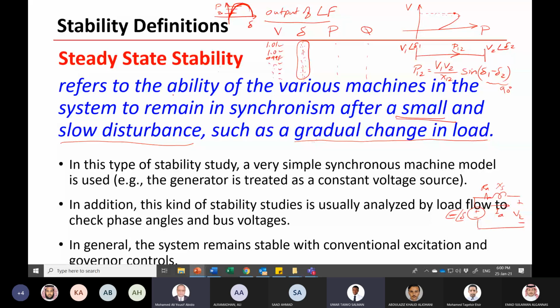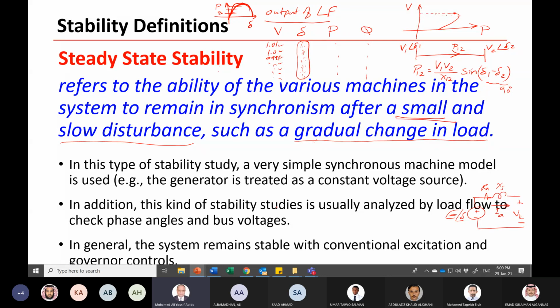Well, look, Omar, no, we cannot keep the machine running out of synchronism. Out of synchronism means the generator can be a motor at a certain time and absorb power, and the currents will be very high.